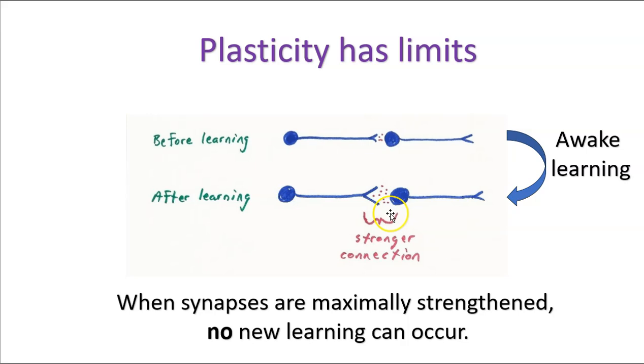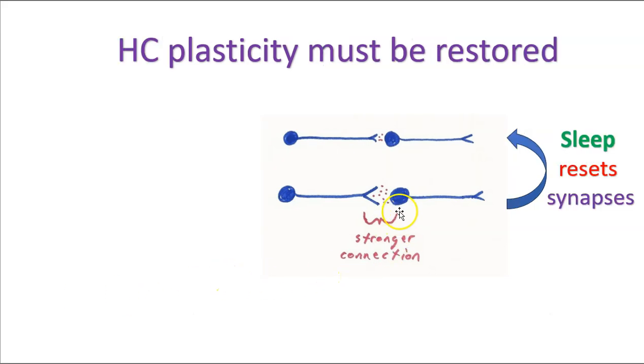Right? So the hippocampus has a limited number of neurons, a limited number of synapses, and if we keep on learning stuff, we are going to be maxing out our synapses. If you get to the point where you can have no more synapse growth, then you can learn no more information. So during the waking stage, we have limitations. And when we go to sleep, the idea is our brain has to reset those hippocampal synapses back to a baseline strength.